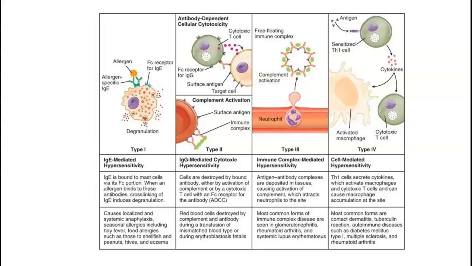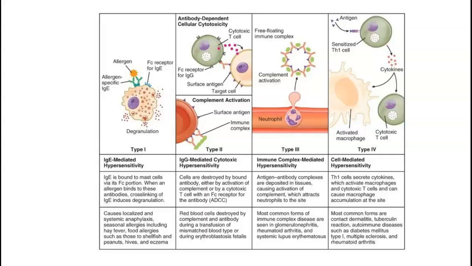We also talked about this with Rh negative mothers that potentially could have an Rh positive baby, because then they can start making those antibodies that, for subsequent pregnancies, can cross over and start attacking the baby's blood.